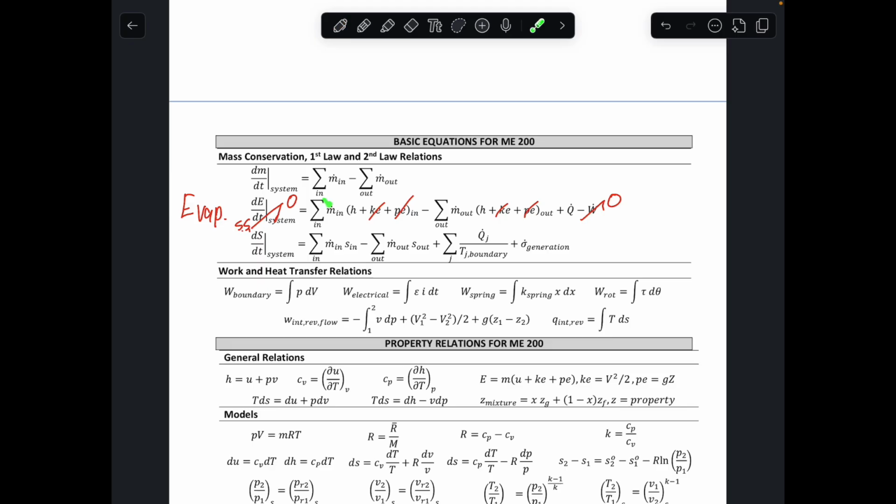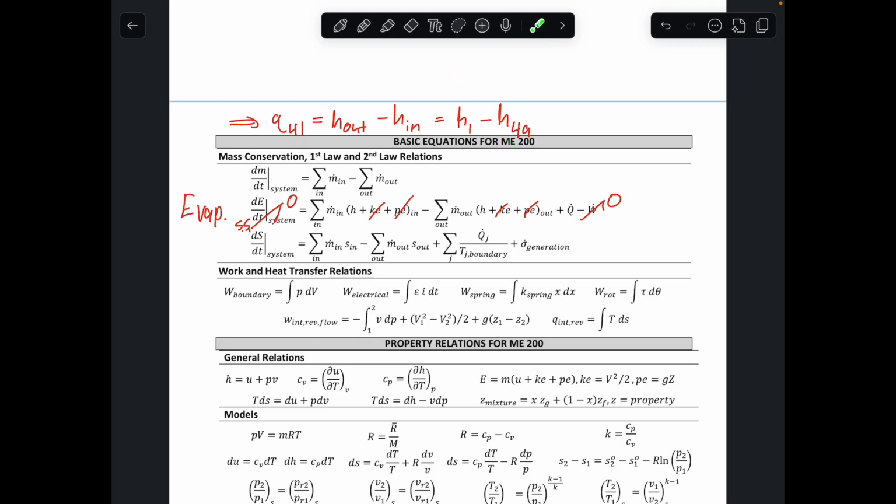And we can divide through every term by m dot because we're doing things in terms of specific quantities, and all of these are going to be the same. And so the final version that we get here is that our Q from 4 to 1 is going to be equal to H out minus H in, which is really going to be equal to H1, because this is our H out, minus H4A, because this is our H in.